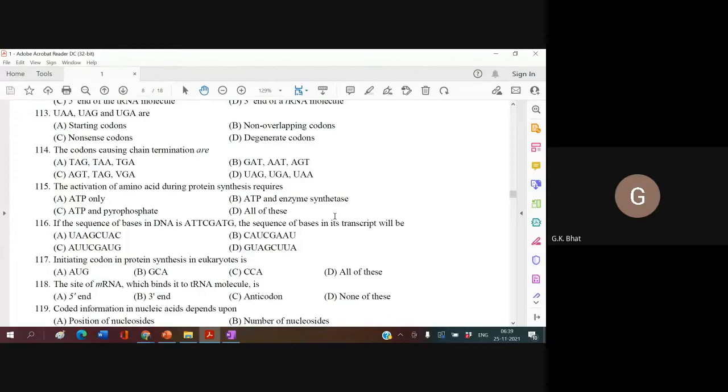Okay. You think over this question. Why that? The site of mRNA which binds it to tRNA molecule is. I am giving another question. 2 questions I have given. On the other day, I have given, and today another question. 119.